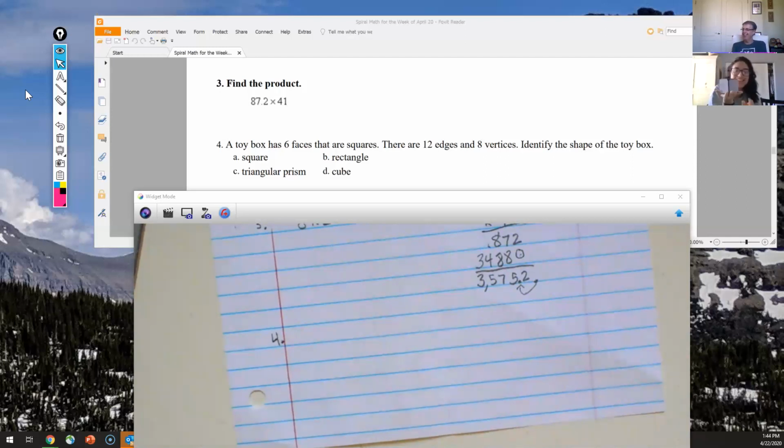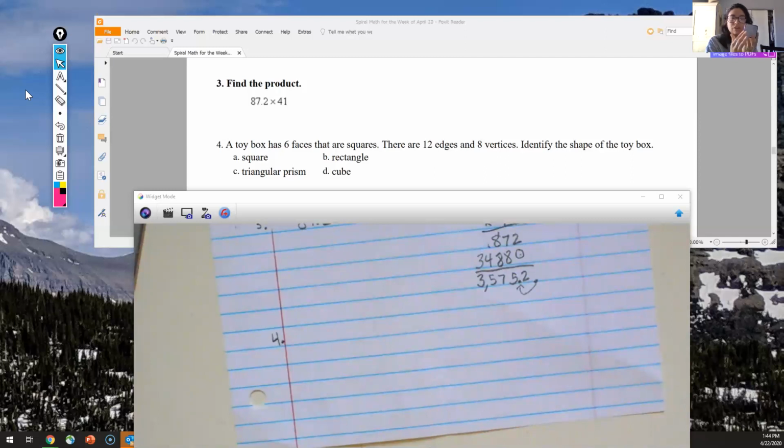See, it's a speaker. It's like a little Sony speaker, and if we count the faces, it has 6 faces that are squares. So we have 1, 2, 3, 4, and then our top and our bottom. So that's 6 faces. There are 12 edges, which are these right here. So there's 1, 2, 3, 4, 5, 6, 7, 8, 9, 10.